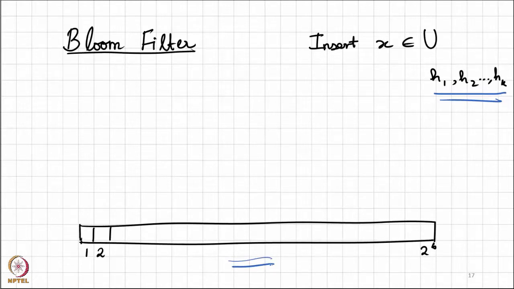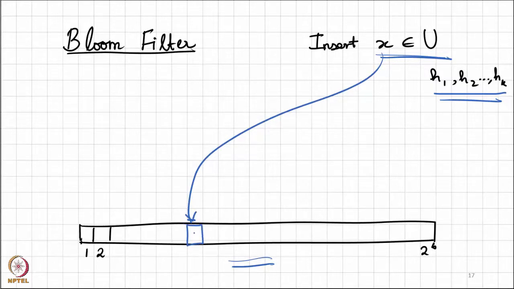Now, every time a new item shows up, and here we have item x drawn from the universe, here's what we do. We take the item x and hash it using each one of the k hash functions. Let's say h1 of x leads us to this location. Then we will place a 1 in that location.